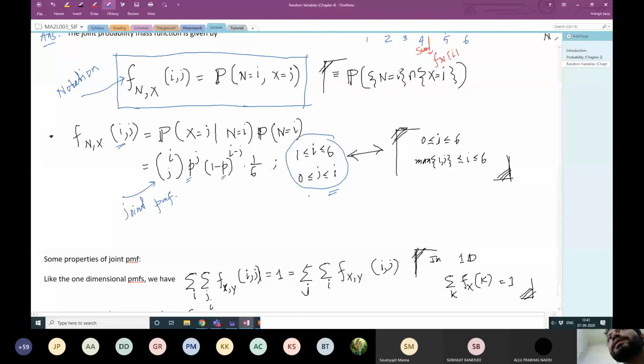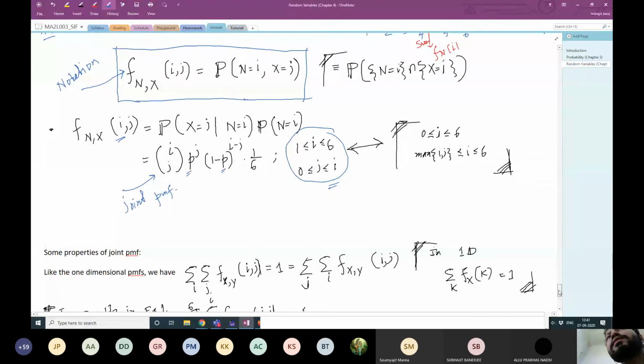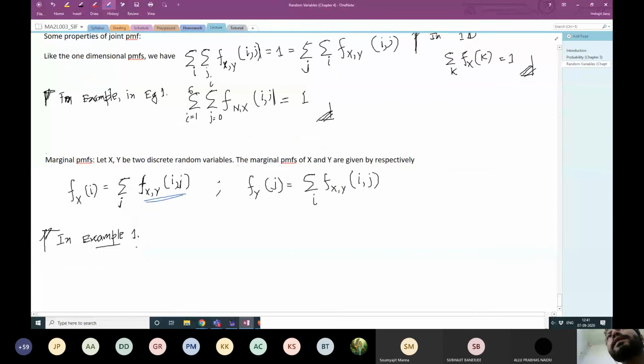So in example 1, f_N(i) is going to be the summation over j of f_{N,X}(i,j), and similarly f_X(j) is going to be the summation over i of f_{N,X}(i,j).